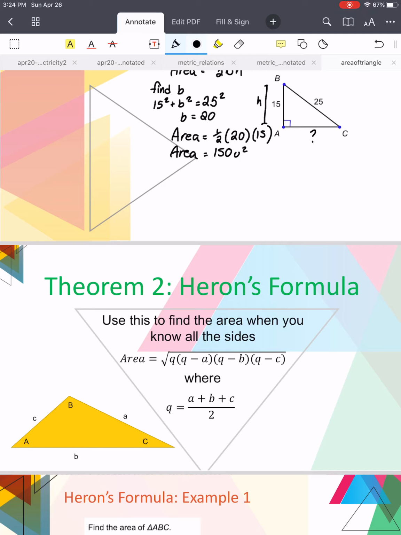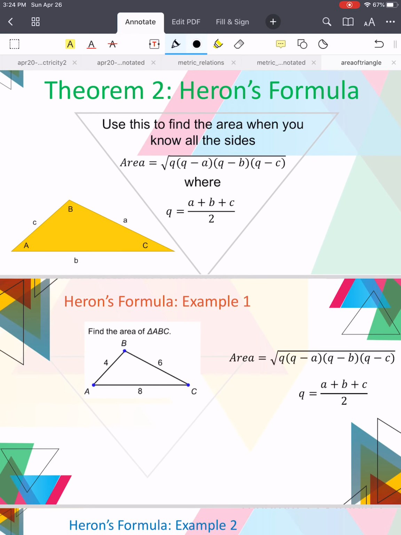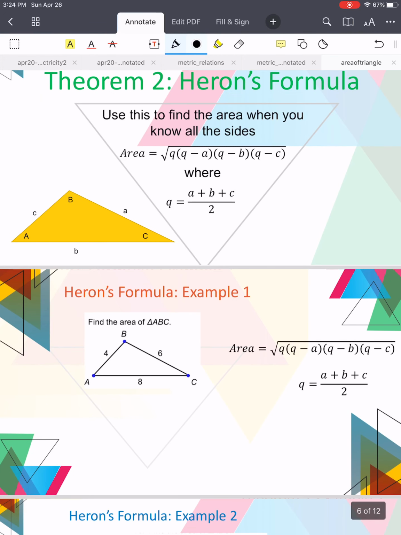This formula is very useful for when you know all of the sides of a triangle. Let's see an example of this in action. First example, it says find the area of ABC, and we're given the 3 different sides. If you want to label our sides, because we know we like to do that, here's A, here's B, and here's C. A good way to start would be to find Q, so we can use that to plug into our formula.